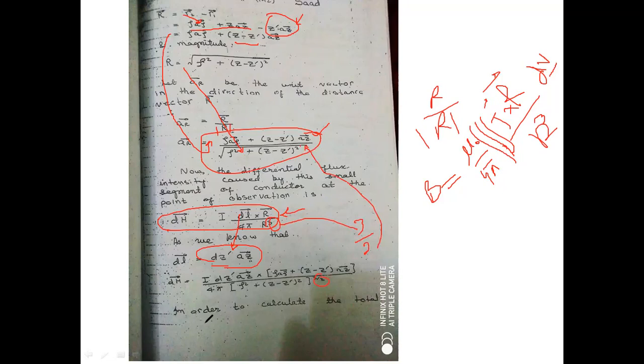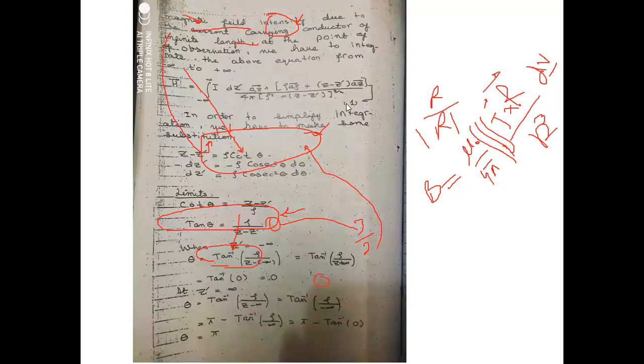In order to calculate the total magnetic field intensity, we have to apply the limits from minus infinity to plus infinity.